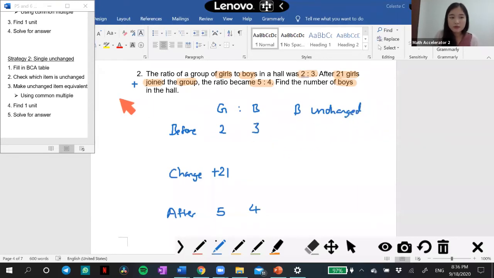So what's the next step? Make unchanged item equivalent. Because the before and the after, it must be the same. It's unchanged, but it doesn't look the same right now, so we have to make it the same. Common multiple of 3 and 4. Okay, thank you. 12.